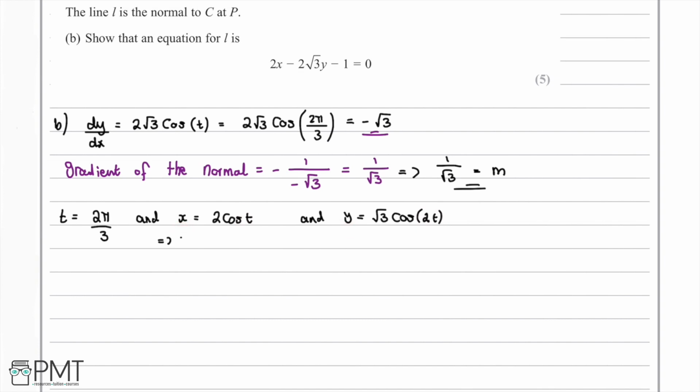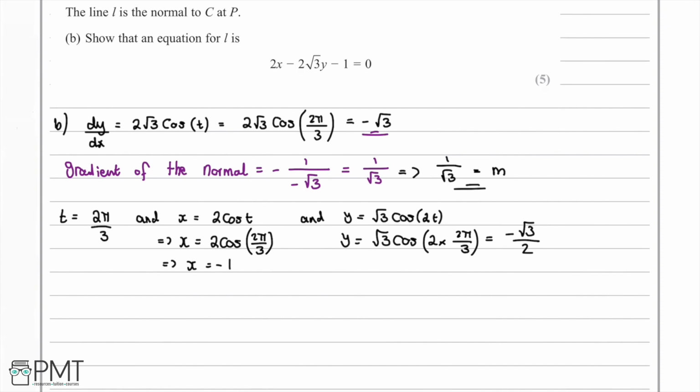So therefore x is equal to 2 cos 2 pi over 3. And putting that into our calculators, we have that x is equal to negative 1. And likewise for y, we'll have root 3 cos 2 times 2 pi over 3, which again, putting it into our calculator, comes out as negative root 3 divided by 2.